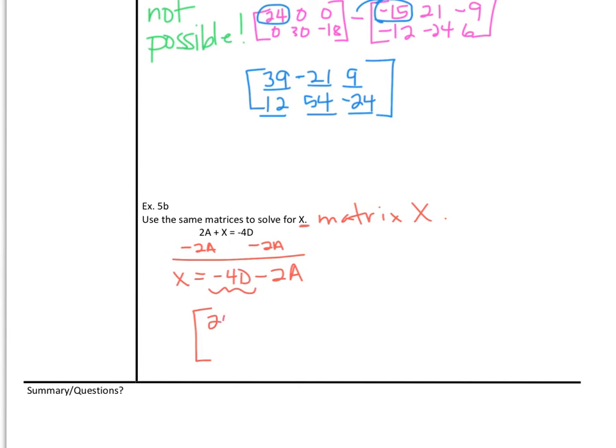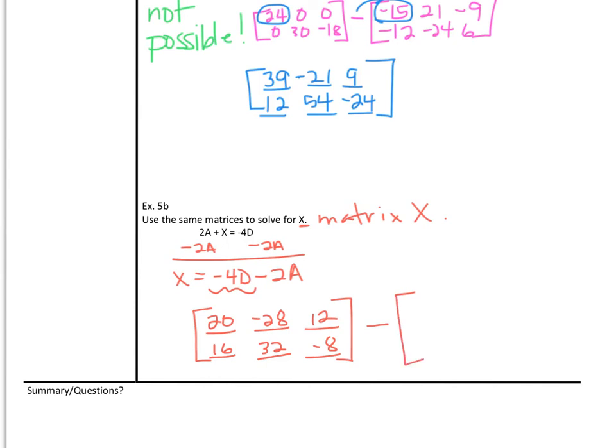Here we go. We would have positive 20, then -28, and that last element in that row, positive 12. In the second row, in the first column, we'd get 16 if we multiply by -4, positive 32, and -8. So that's -4D. So then we're going to subtract 2A.